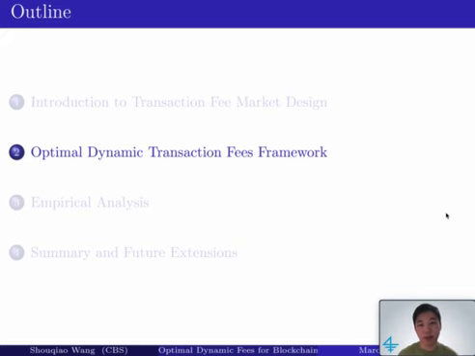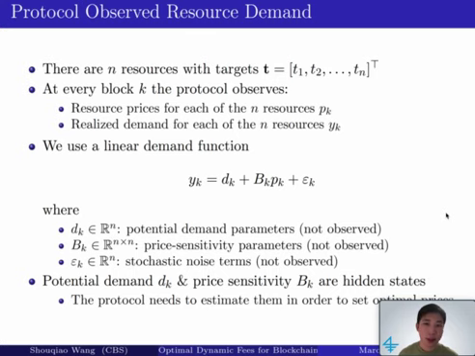And here comes our model. So first, we can define an n-dimensional vector T as the target of our multi-dimensional resources. So at every block k, what the protocol can observe is only the base fee P_k and the realized demand in the previous block Y_k. Both of them are n-dimensional vectors.